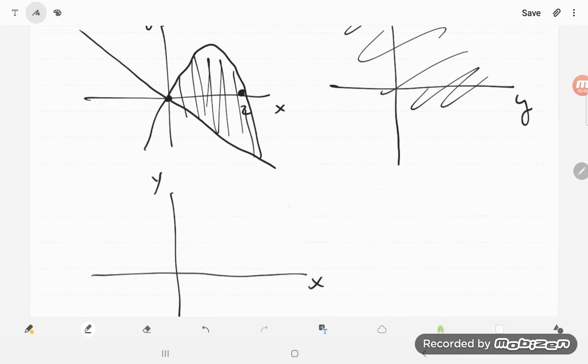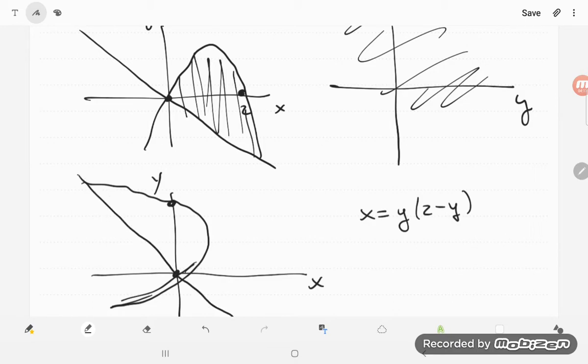Normal axes, but we're going to say x equals y times 2 minus y. So what happens is you still get that parabola, and it still opens down toward negative x's. So it does that, and you have this. And so they're saying, okay, find that region.